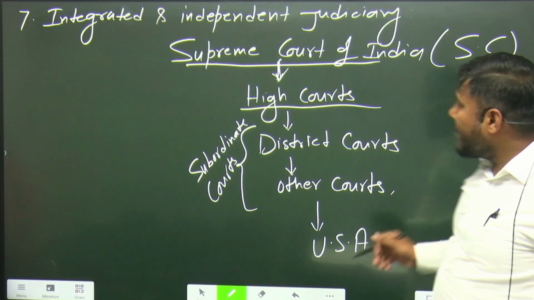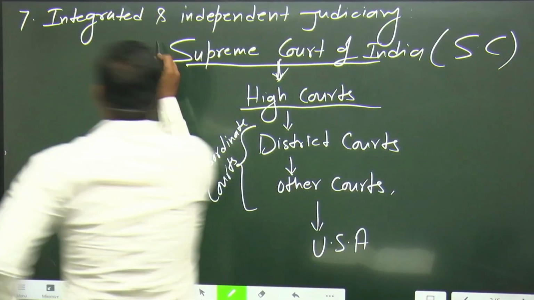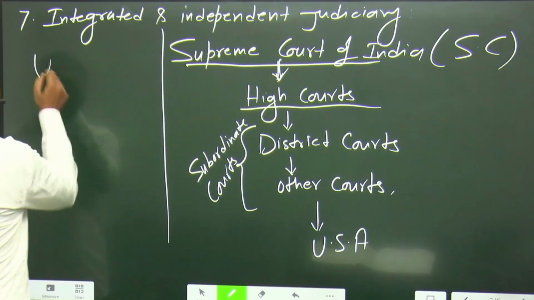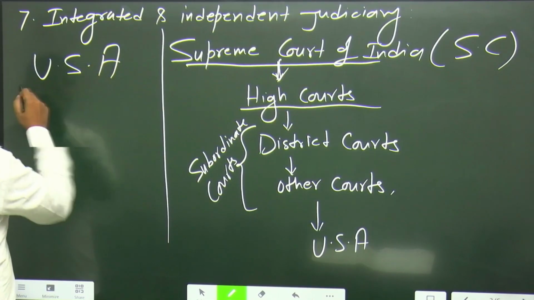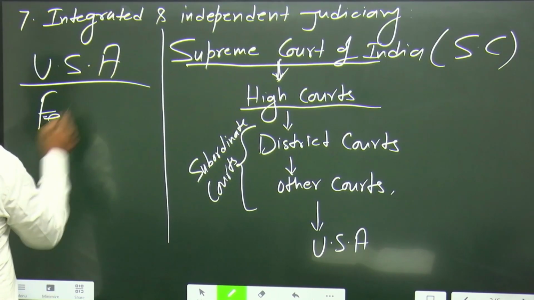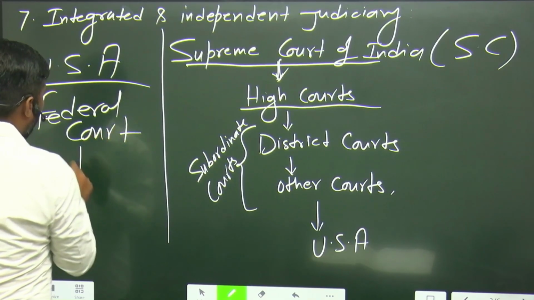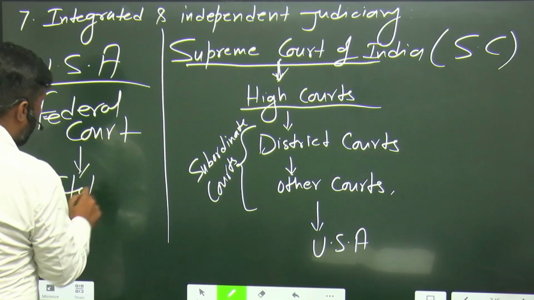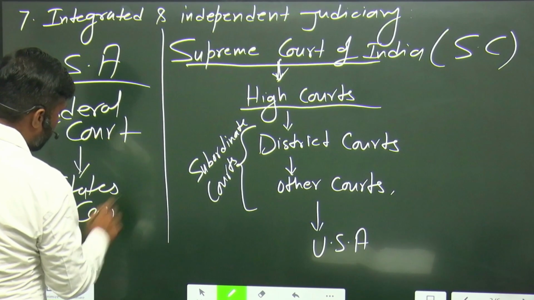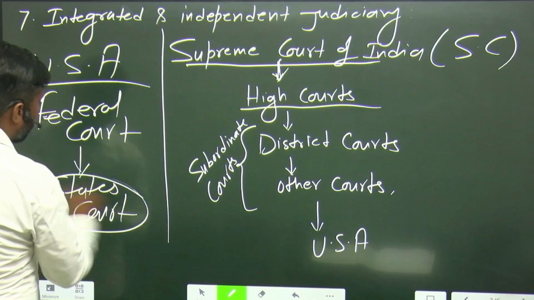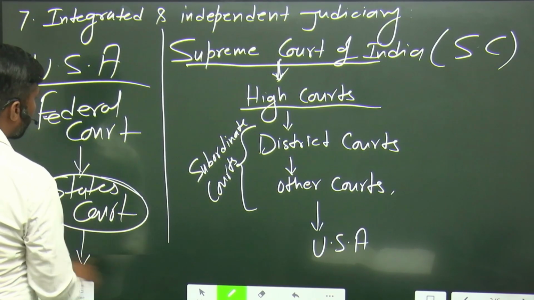And on the other hand, if we see the USA's judiciary system, they have their federal court at the top and the state courts at the intermediate level, then lower courts also they have, right?